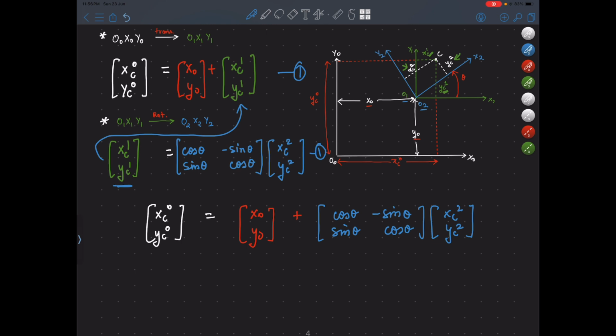All right, so actually you got the relationship between the final moved frame and the initial fixed frame coordinates.